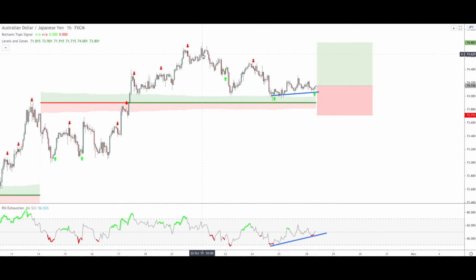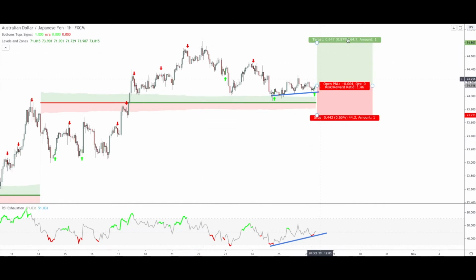The price in this candle went all the way up here and then retraced. So I'm expecting that if we get a move higher, then we should probably get at least to this level here.